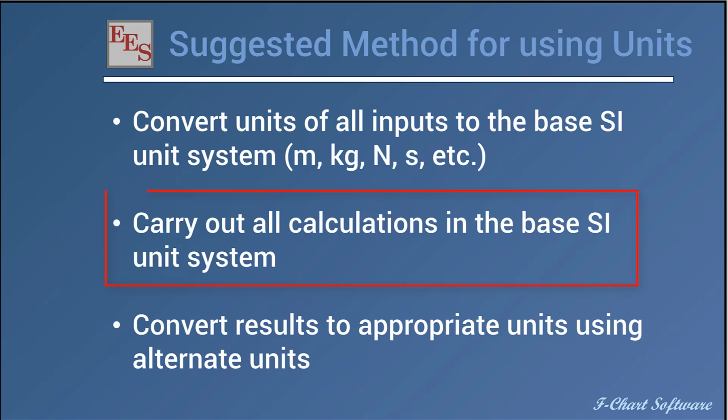The calculations required to solve the problem can then be carried out using the base SI system, and unit checking will be rigorously applied as we go in order to establish the dimensional consistency of each equation. The results are finally converted from the SI system and presented in whatever units are requested or are most logical, and this process is aided by the use of alternate units.